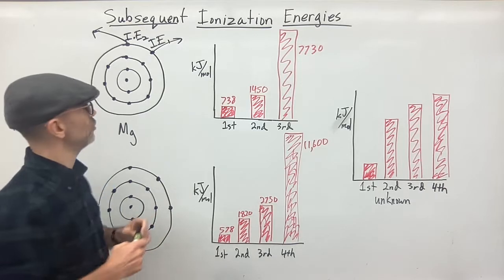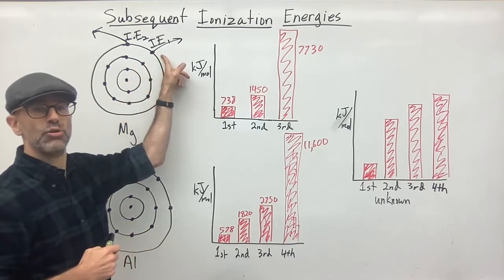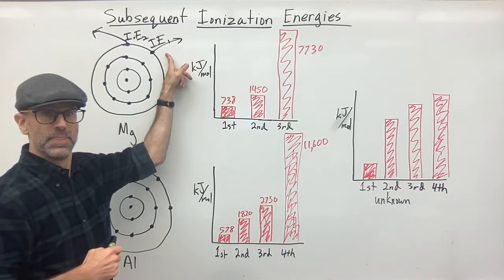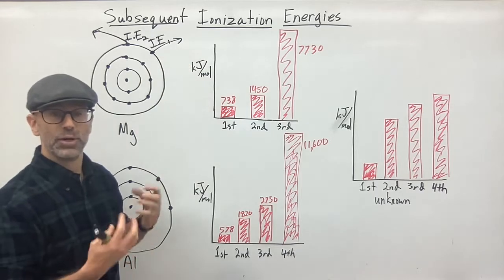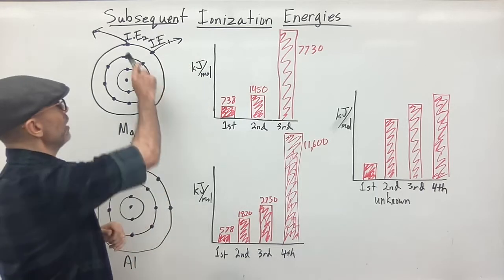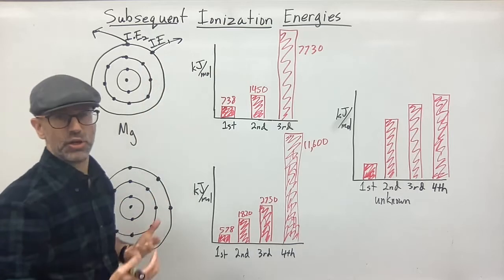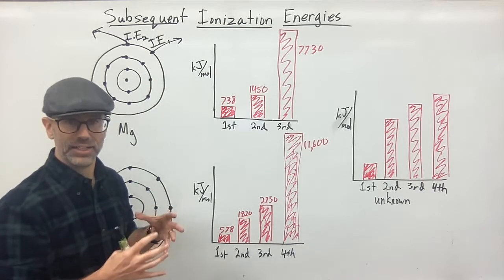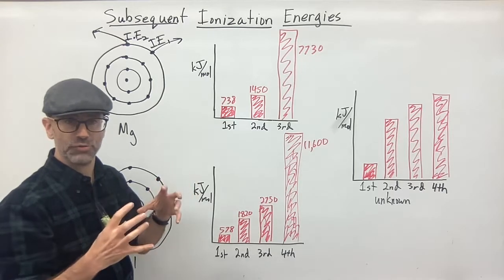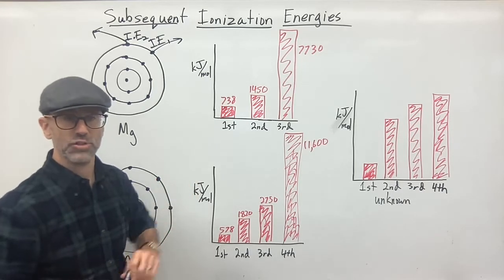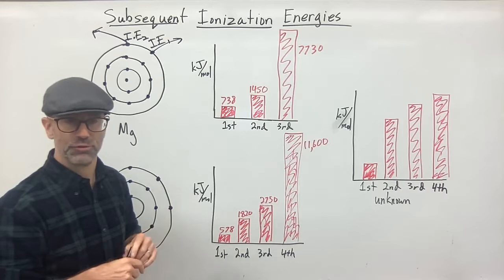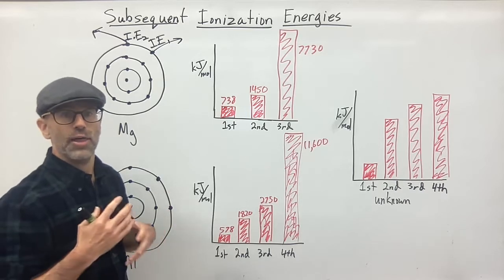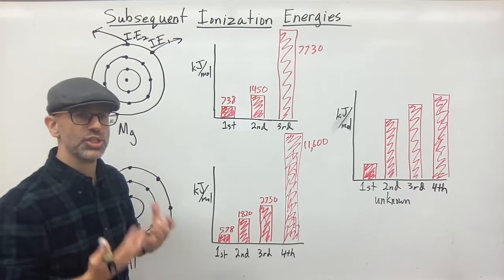The reason is because when you remove that one electron, we're removing repulsive forces. Remember, these two electrons, even though they're in the same energy level, are acting on each other. There are repulsive forces. They're both negative. So Coulomb's law still comes into effect here, and that causes some shielding.